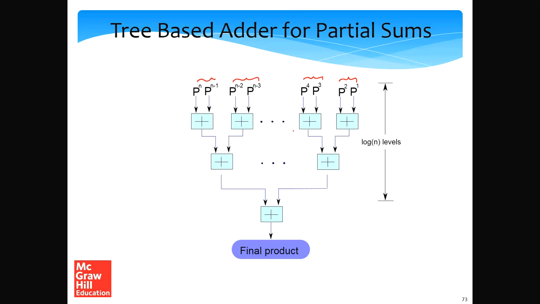At each level, adding numbers with 2n bits would take order of log 2n time, which is the same as order of log n time because we ignore constants, and even the base of the log is not important. We have log n levels, because in each level we reduce the number of numbers that we need to add by a factor of 2.